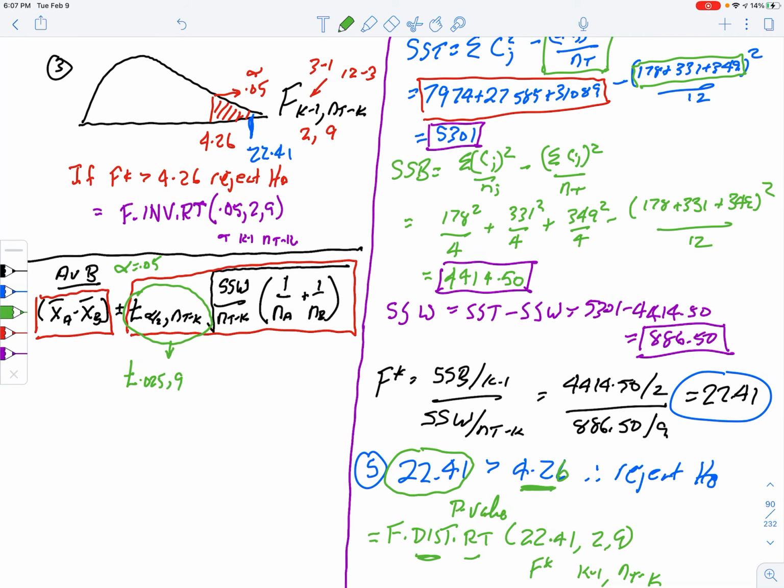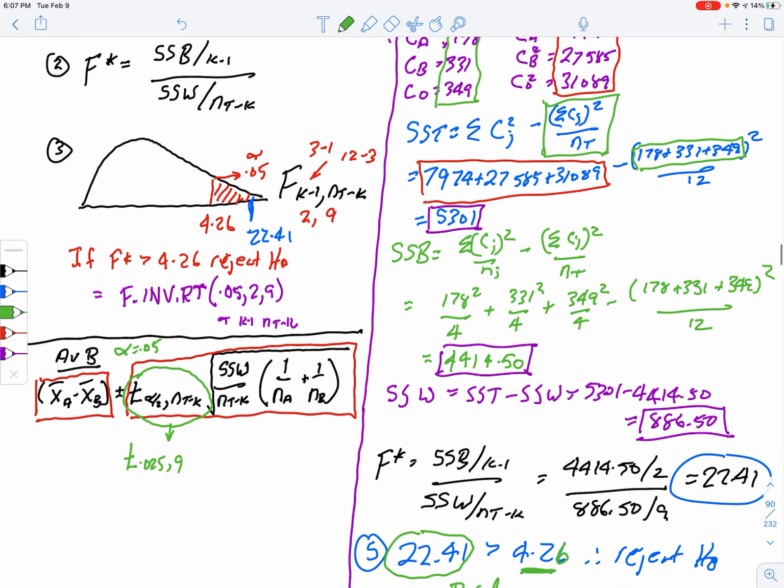It's always the degrees of freedom of SSW. It's always in the denominator of your F star formula. So it's NT minus K. So let's go to a T table and look under the 2.5% column, and 9 degrees of freedom.